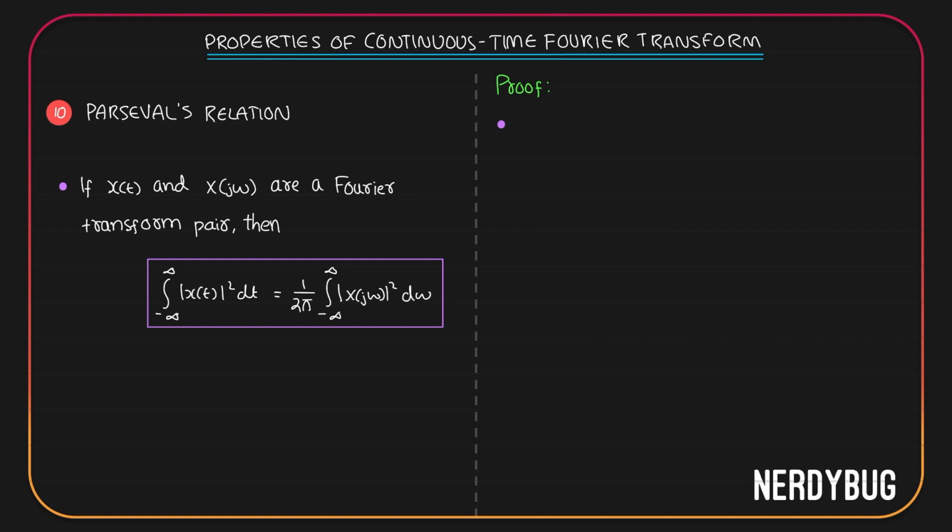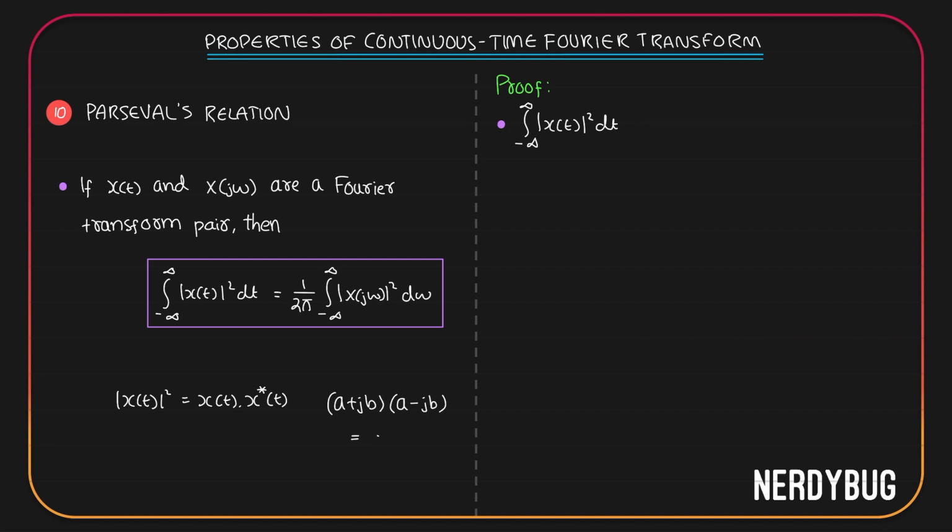Let us start from the left hand side. We have the integral from minus infinity to infinity of |x(t)|² dt. But |x(t)|² can be written as the product of x(t) and x conjugate of t. To understand how, take x(t) to be a + jb, then its conjugate will be a − jb.